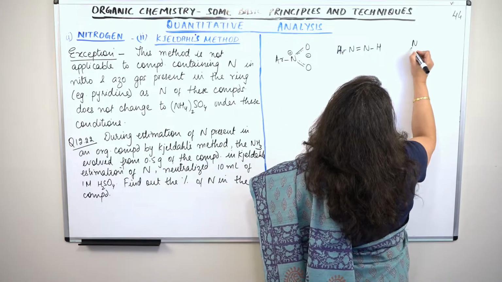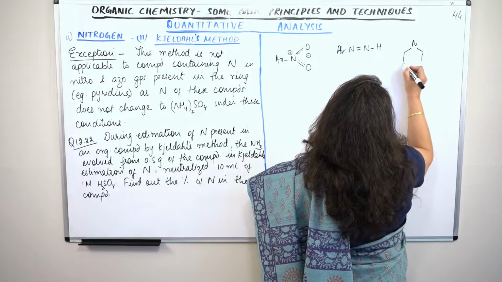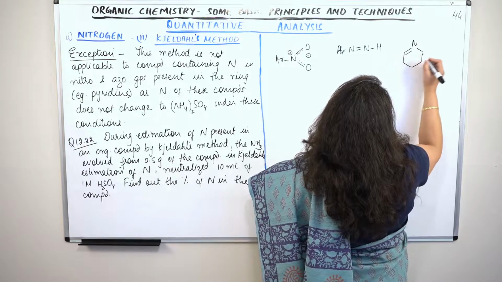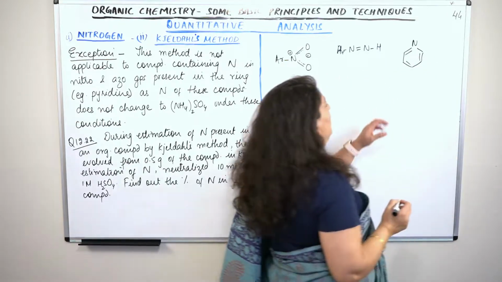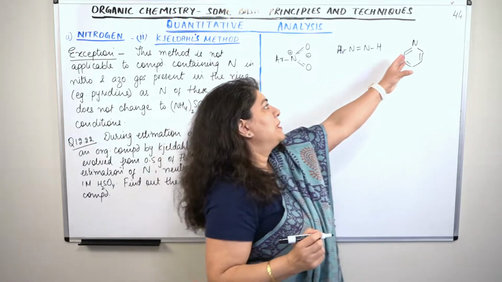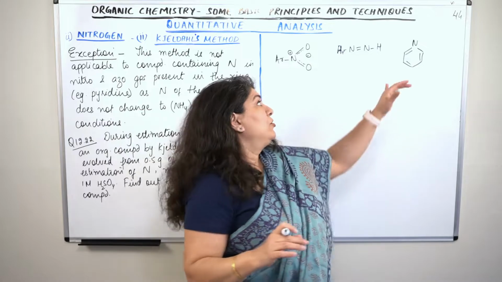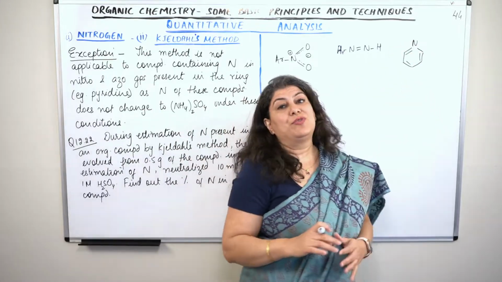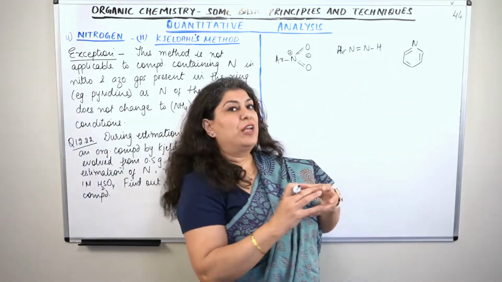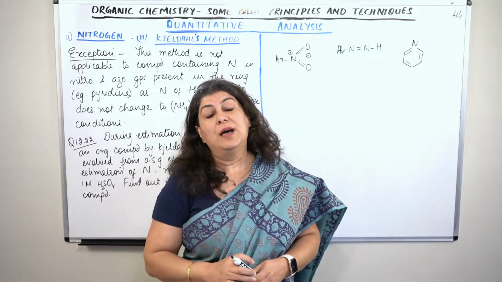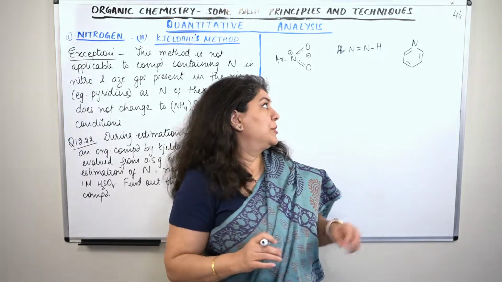Pyridine is where you have nitrogen in the ring, like in the benzene ring. So in pyridine also, a kind of substituted azo group, it appears to be that. And here also nitrogen participates in resonance and therefore this nitrogen cannot be removed to form the ammonium sulfate salt.